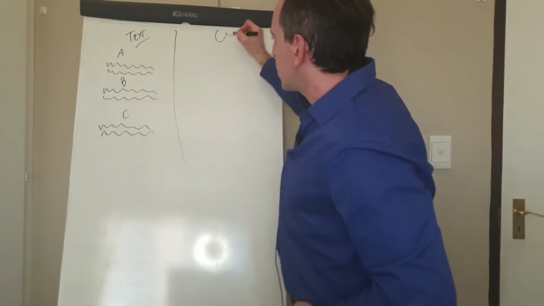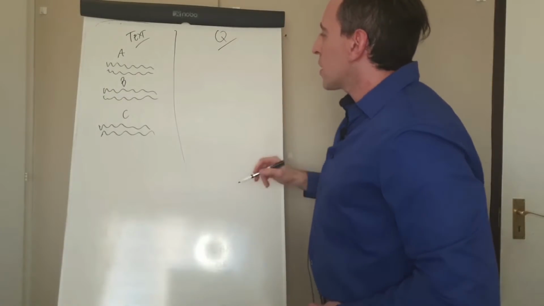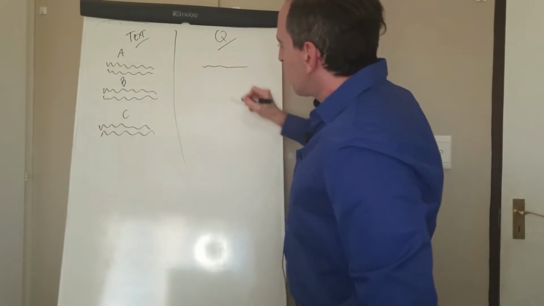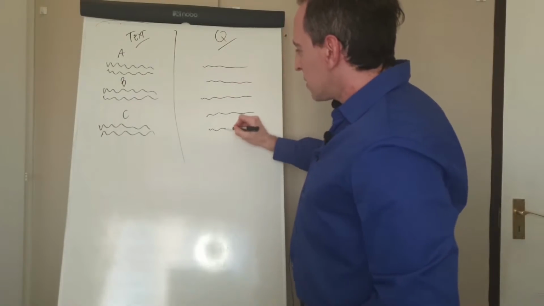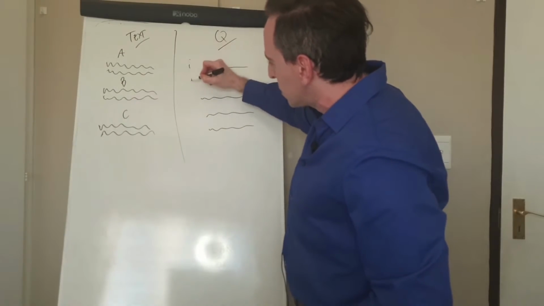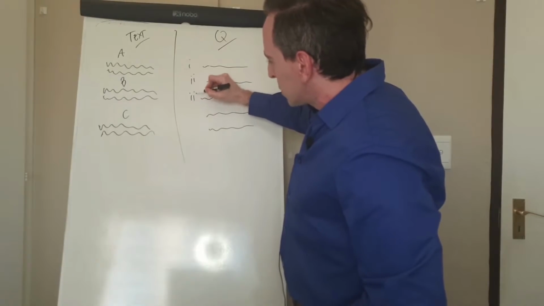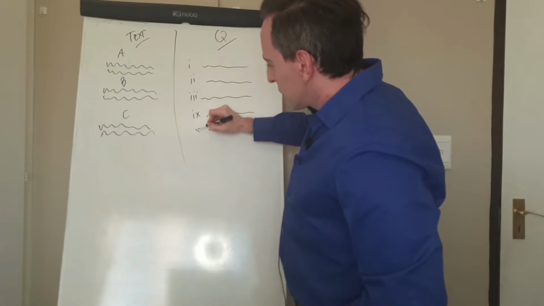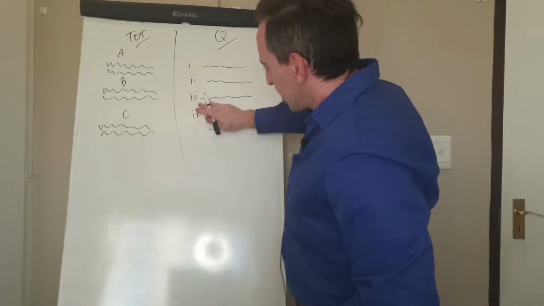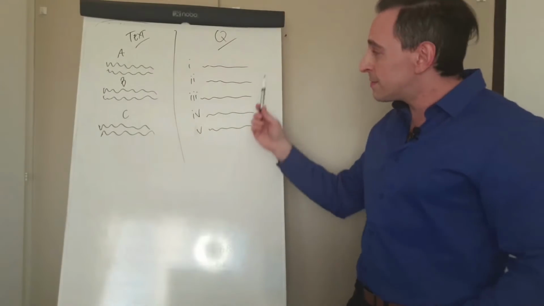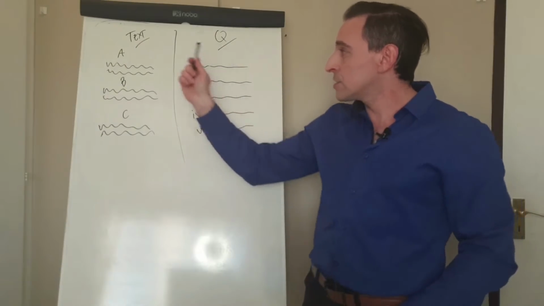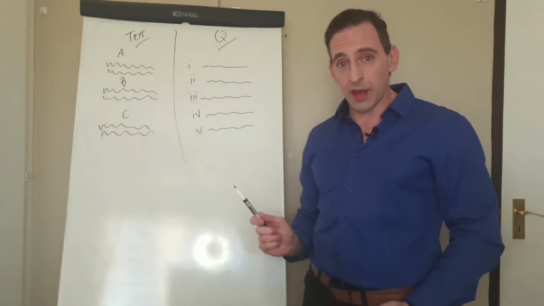Then in the question, you are given a series of headings. You're given many different headings, usually labeled with Roman numerals. And what you are supposed to do is match the headings with the paragraphs.